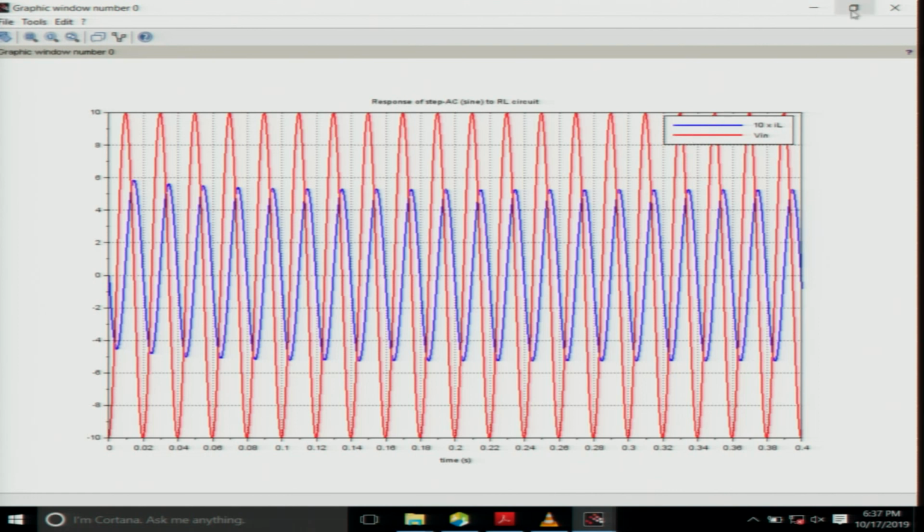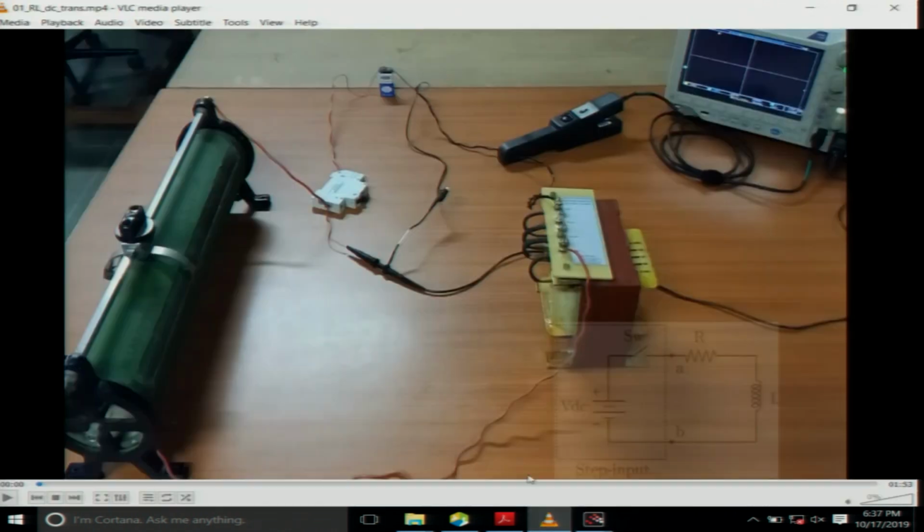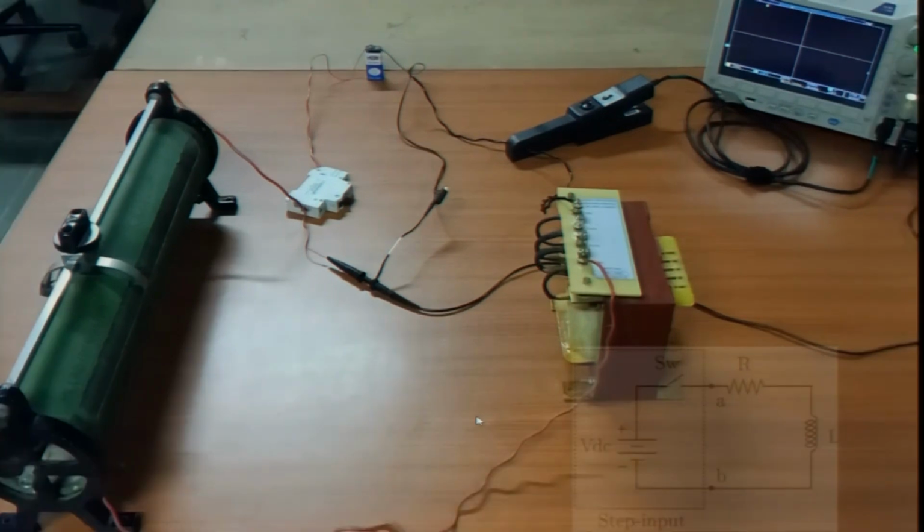Now what we will do is observe the kind of responses we get in a realistic experiment, where we first look at the RL transient of a simple RL circuit, a real RL circuit using real life components.